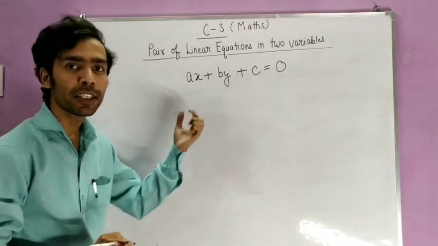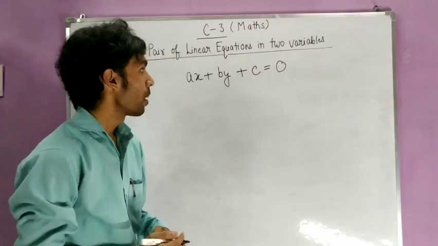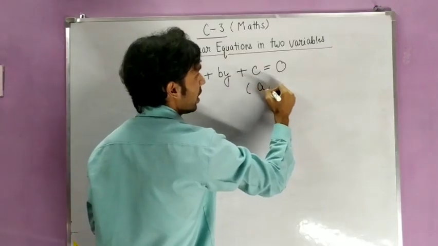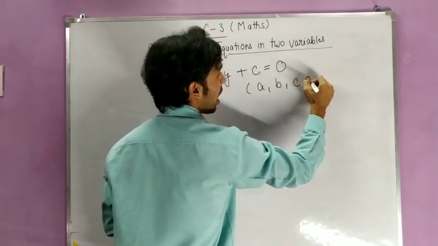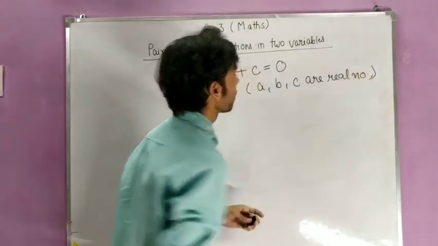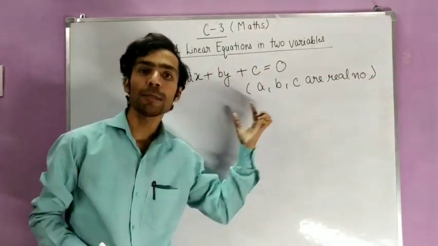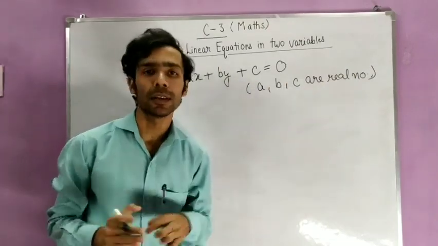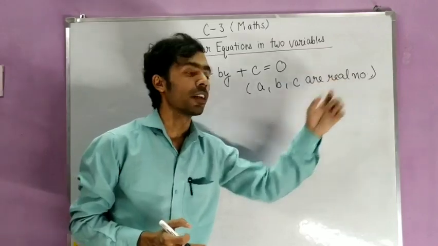Now in this equation a, b and c are real numbers. It means a, b and c are any numbers which are real.